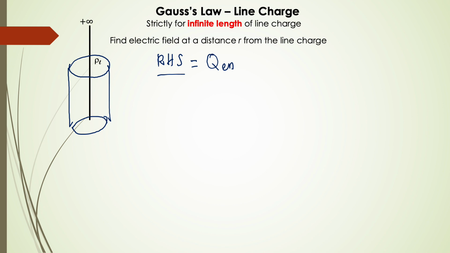So for the Q enclosed, our source now is a line charge. So Q for the line charge, if you still remember, is integrations of rho L dl, right? So Q enclosed is rho L, integrations of dl.